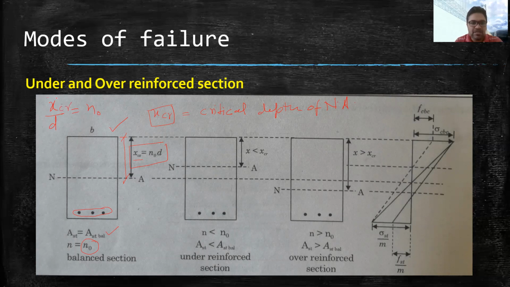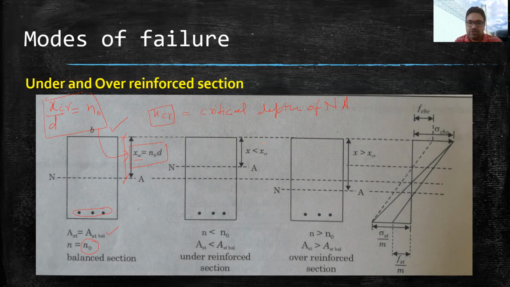From this relation, this value arises. Now when we talk about the under reinforced section and over reinforced section, we always compare them with the balanced section, because we consider the balanced section as the ideal section.